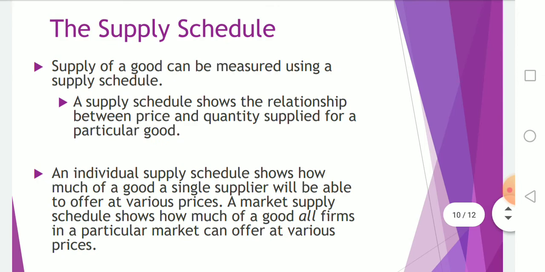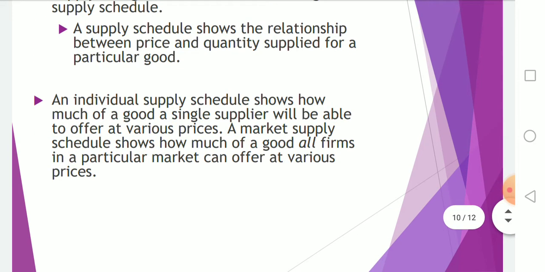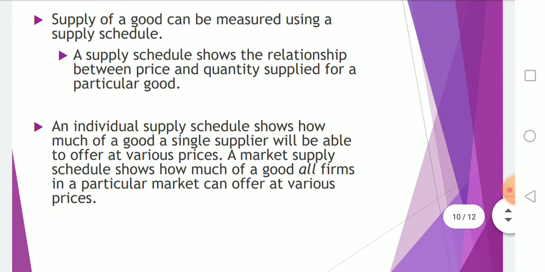The supply schedule: supply of a good can be measured using a supply schedule. The supply schedule shows the relationship between price and the quantity supplied for a particular good. Otherwise, I'm having here the supply curve. So the change in the quantity supplied is on the supply curve, not the change in the supply curve.